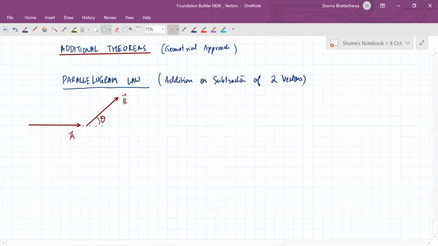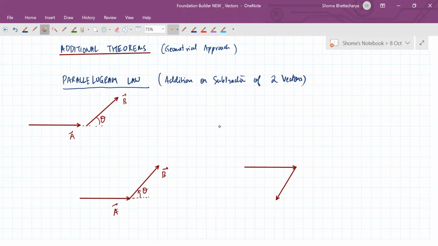Now previously we had seen how to calculate the sum and difference of the vectors from this. For the sum, we used to place them head to tail like this, and for the difference, you should take the first vector and add to it the negative of the second vector. So this is the vector A, this is the vector B. The angle between them is this theta.